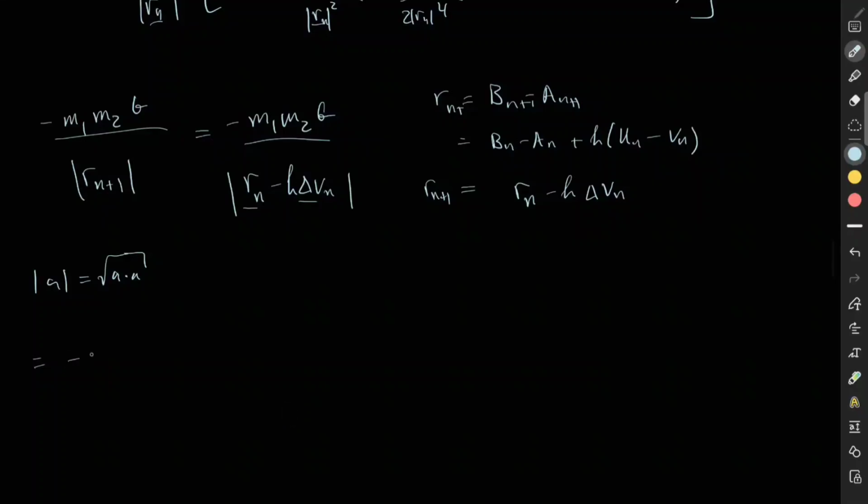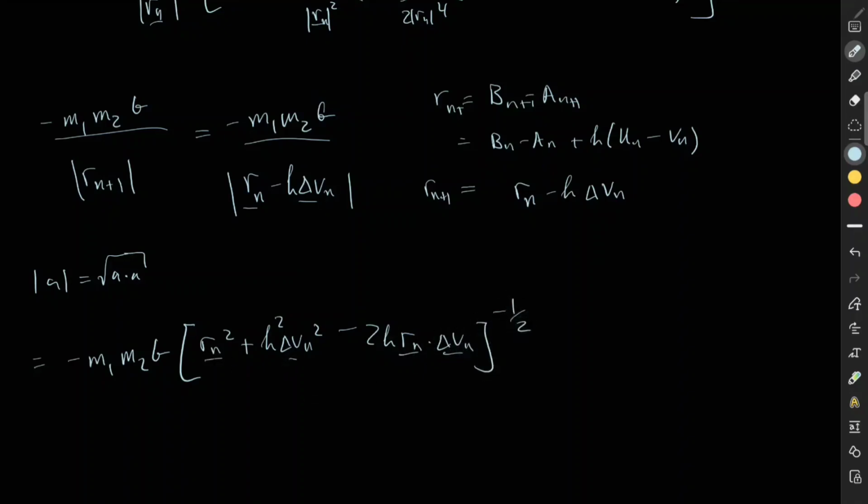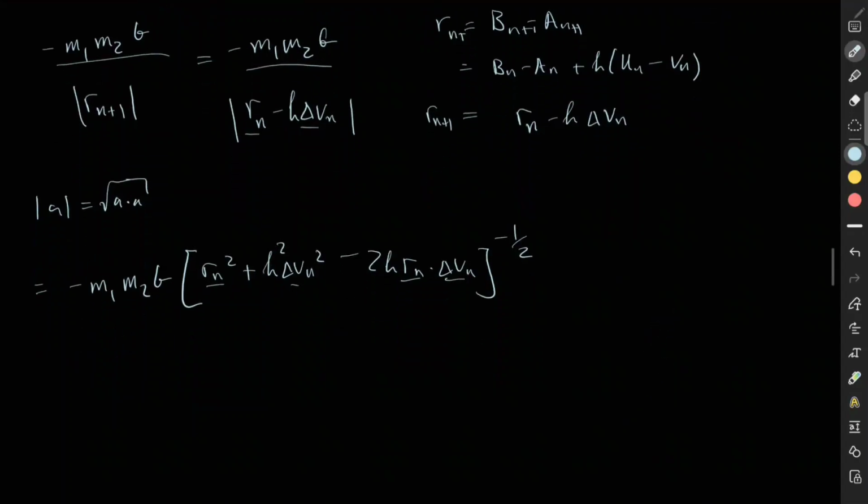So using that, we have minus m1 m2 g, and on the inside we have this thing dotted with itself, which is going to be Rn squared plus h squared delta Bn squared, minus 2h Rn dot delta Bn, and all of this to the minus a half. And this is where the Taylor expansion comes in. Right, so we're actually going to go to second term, and you will see why in a bit.